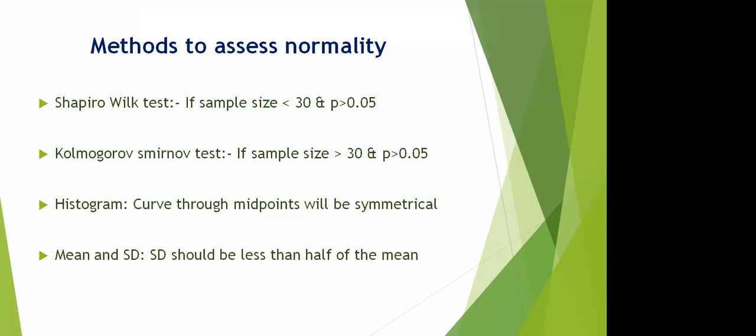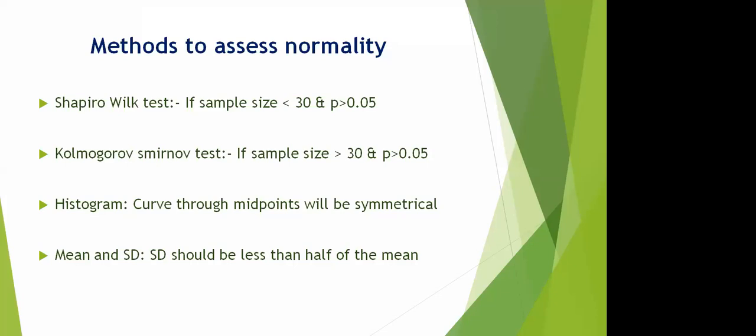If the standard deviation is less than half of the mean, suppose the mean is 3 and standard deviation is 1, here the standard deviation 1 is less than half of the mean. Half of 3 is 1.5. Here half of the mean is 1.5 and SD is 1. Here 1 is less than 1.5, so we can assume that the data is normal.